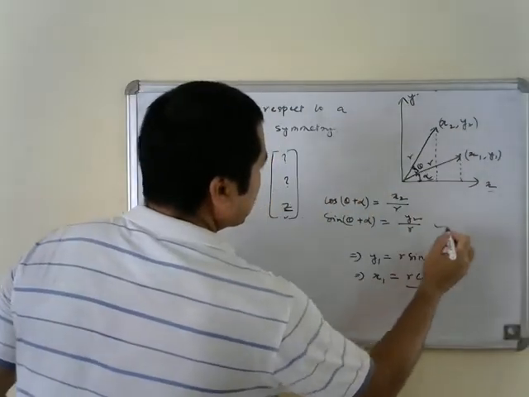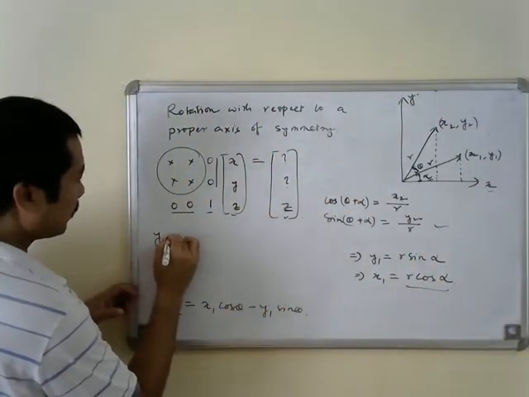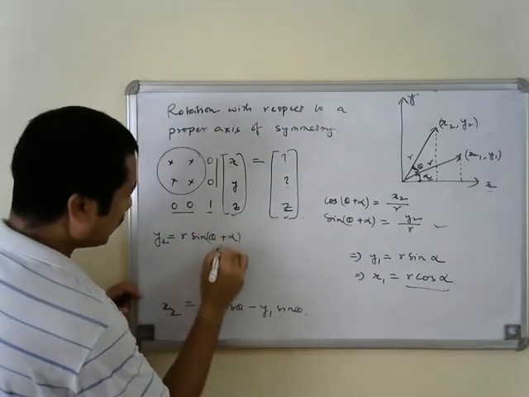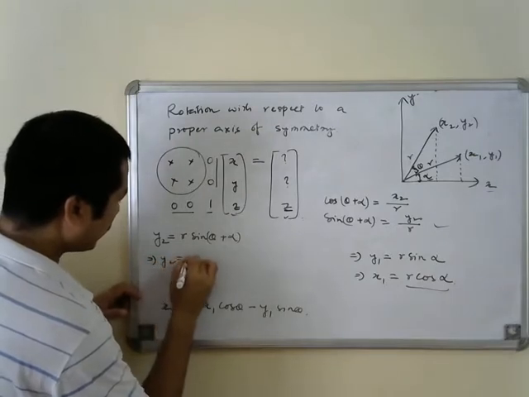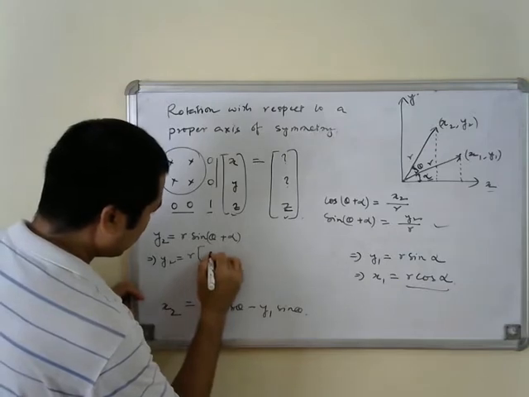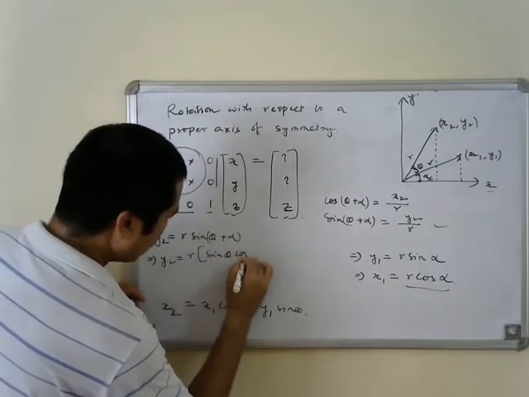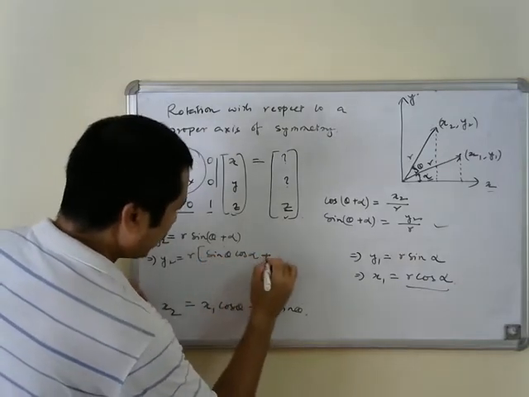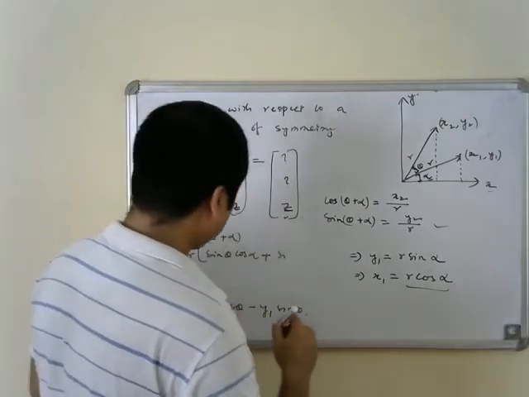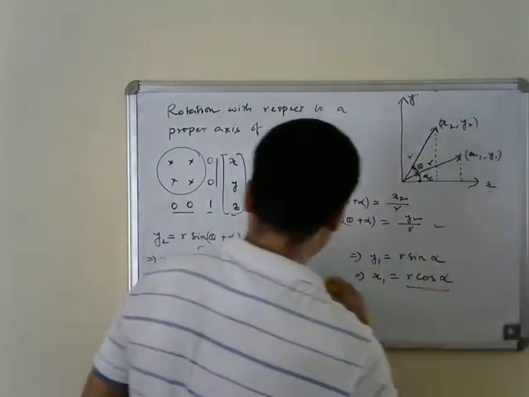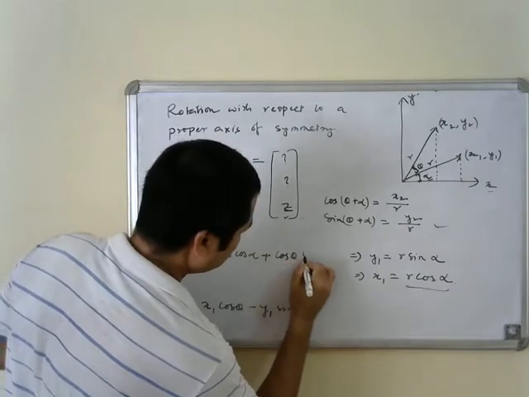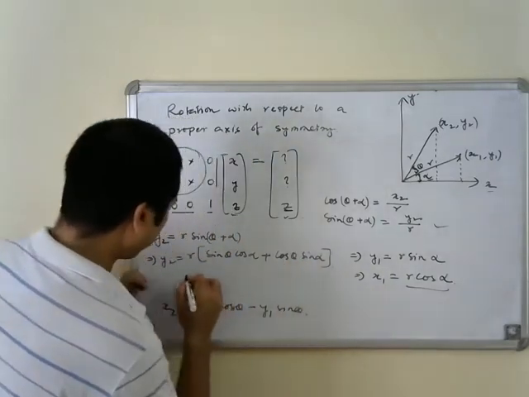If you take this particular expression, then y2 will be equal to r sine of theta plus alpha. So y2 is equal to r times the expansion of sine theta plus alpha, that is sine theta cos alpha plus cos theta sin alpha. This is what we are going to get.